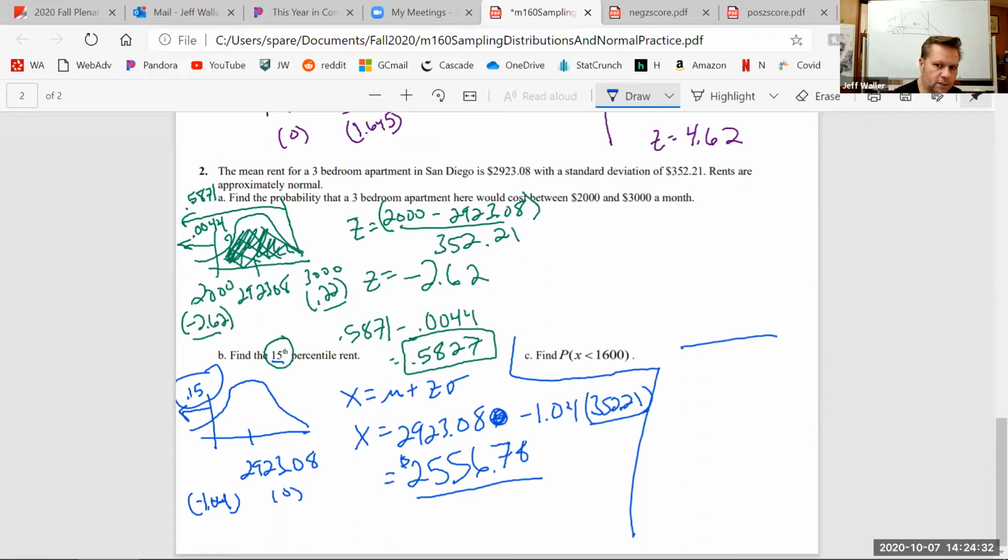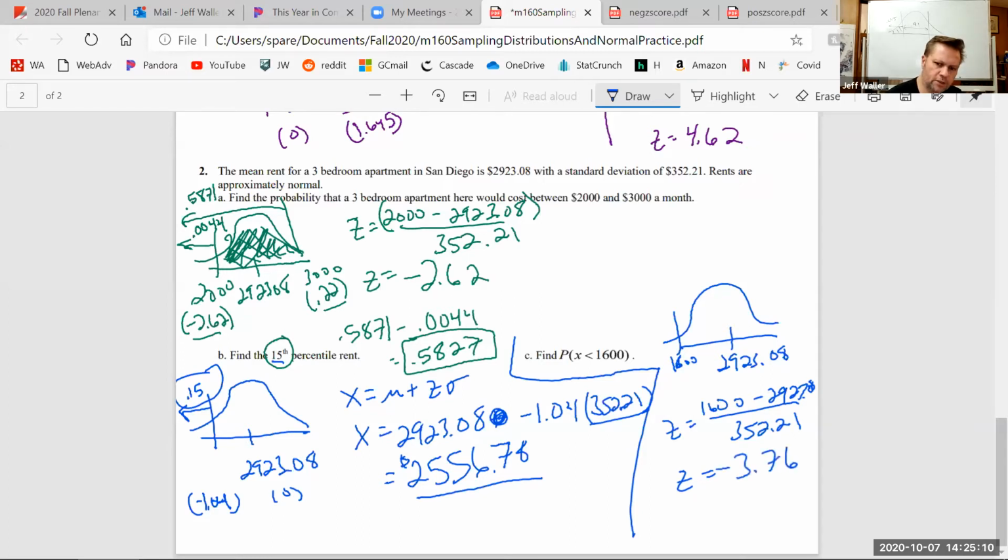And then just to cut to the chase on this bad boy, if you try to make 1600 into a z-score, what do you get? Minus 3.76.